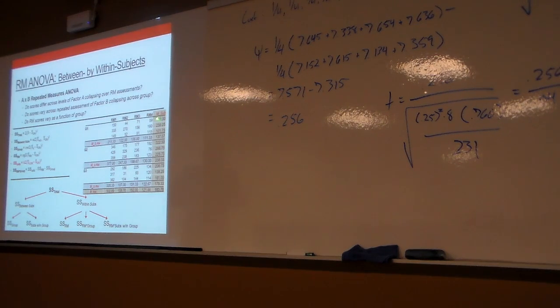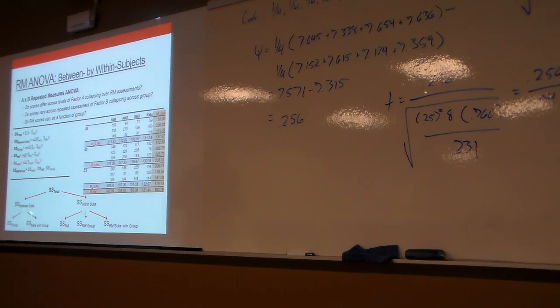So we're going to take person 1's average across repeated measures 1, 2, 3, 4, take the deviation of that from the grand mean and square it. Person 2's average across repeated measures, deviation from grand mean, square it, right? So we're getting on average these individual differences. This is our between subject stuff across repeated measures. So average score across assessments, how much variability do we get across individuals? And so this is our between subjects, right?